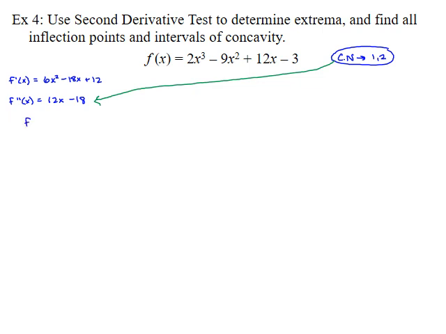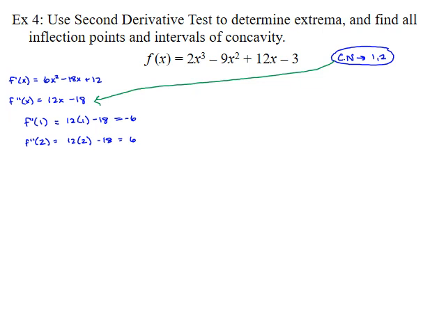So we're going to figure out what is f double prime of 1 and what is f double prime of 2. So if you plug 1 in, 12 times 1 minus 18 should give you a negative 6, versus if you plug 2 in, 12 times 2 minus 18 is positive 6.